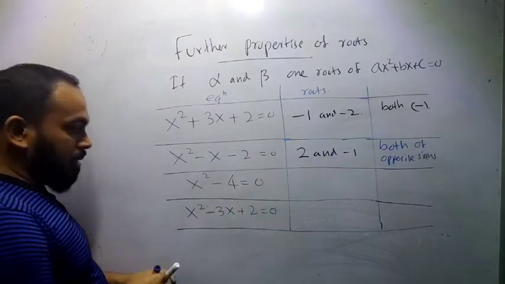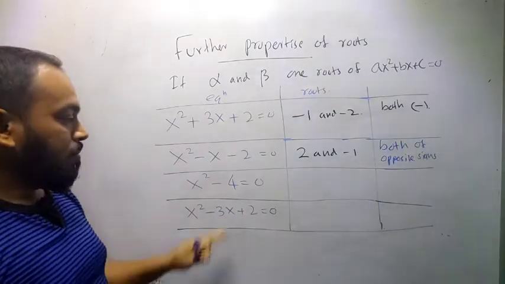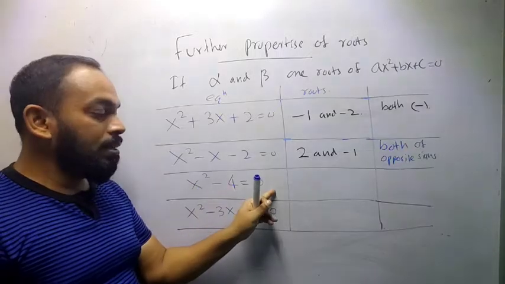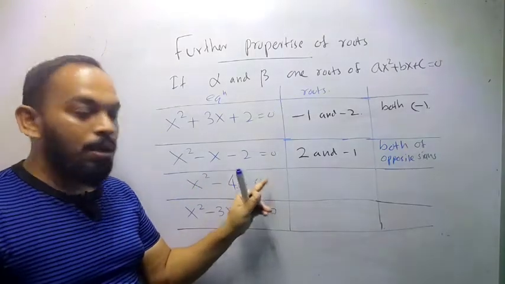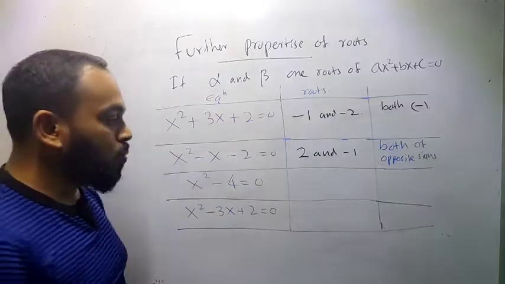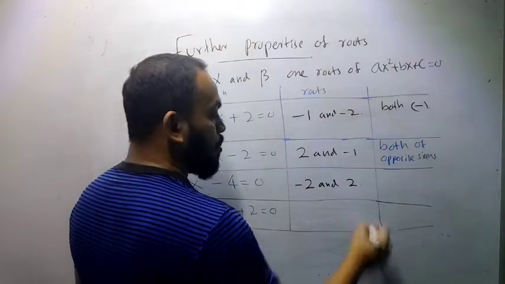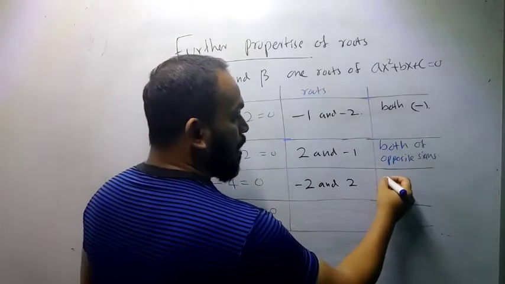What about in this case? When you solve this quadratic equation, you don't have to do anything. You just take minus 4 to the other side, then it will be x squared equals 4. When you take the square root, x would be minus 2 and plus 2. So equal and opposite.